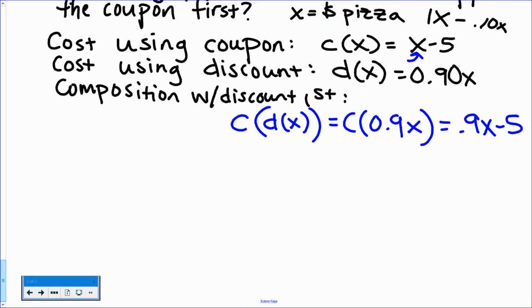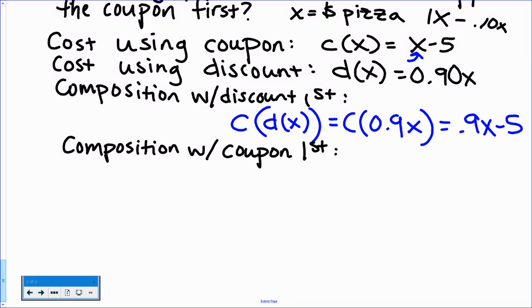Okay, let's write composition with the coupon first. So I'm applying the coupon function to the inside that's being applied first into my discount function. So my C of x function is x minus 5.